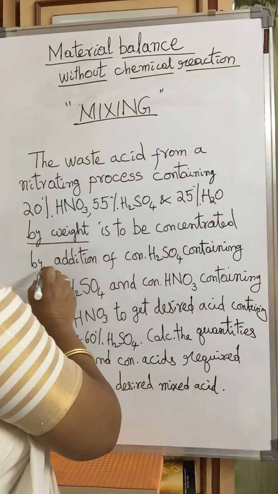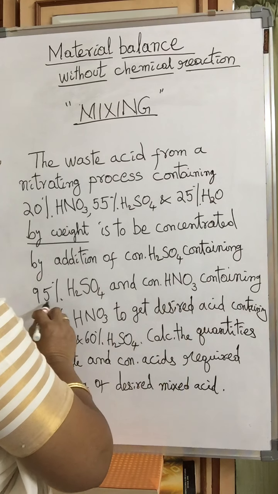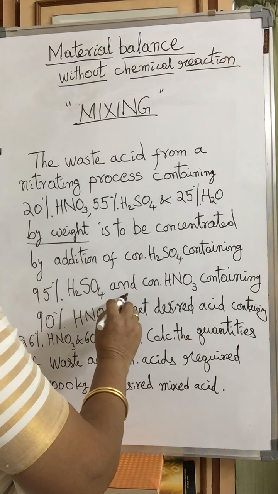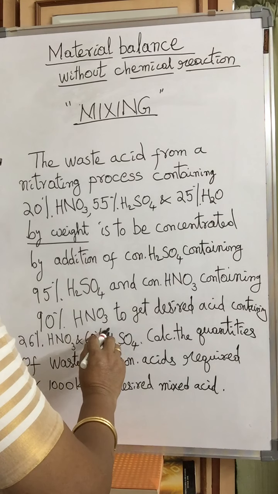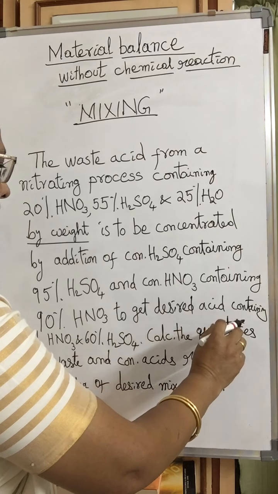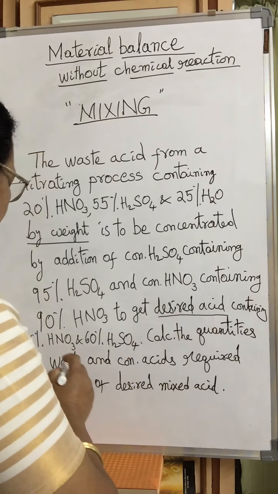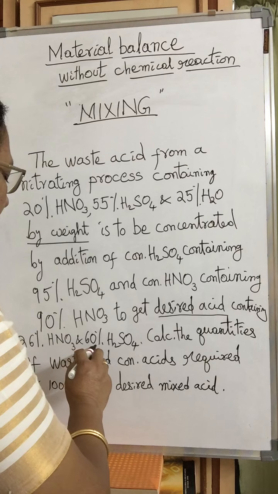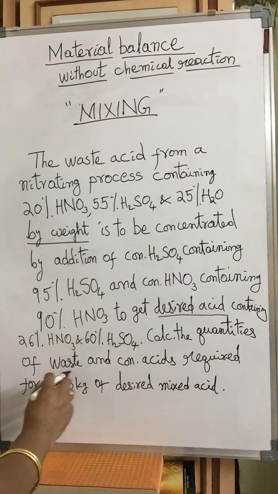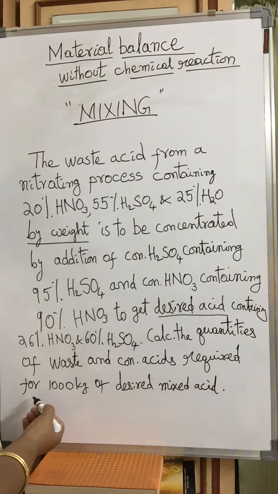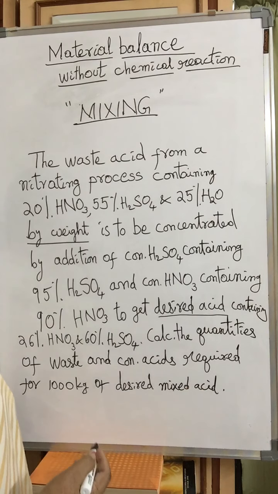It is to be concentrated by addition of concentrated H2SO4 containing 95% H2SO4 and concentrated HNO3 containing 90% HNO3 to get the desired acid, meaning product acid, containing 26% HNO3 and 60% H2SO4. Calculate the quantities of waste and concentrated acids required for 1000 kg of desired mixed acid.